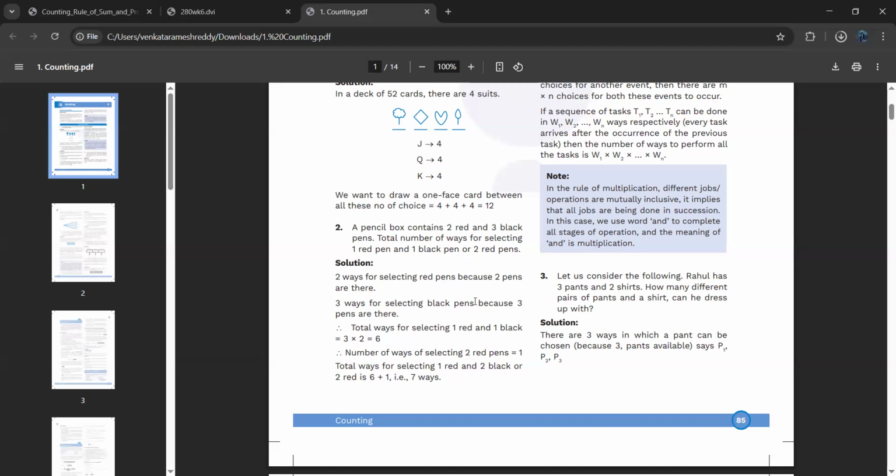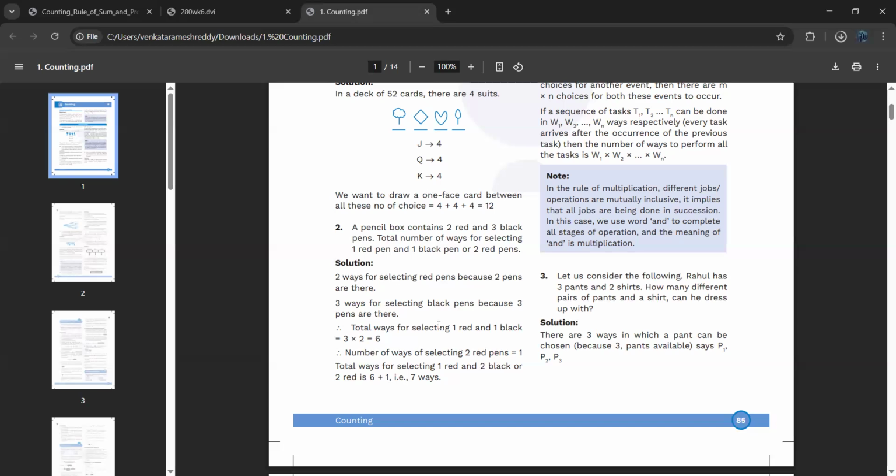There are three pens, so we can have three ways to select the black pen. So the total ways for selecting one red and one black pen: out of two red pens and three black pens, they are asking how many ways there are to select one red and one black pen.